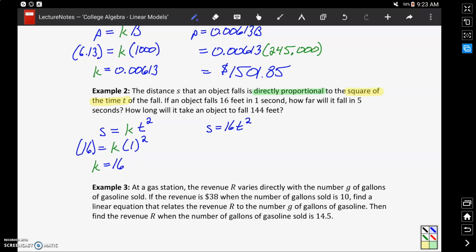Then we're asked to find how far the object will fall in 5 seconds, meaning we can substitute in t equals 5, to get 400 feet.